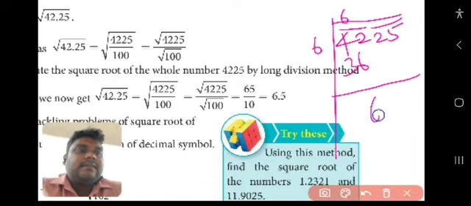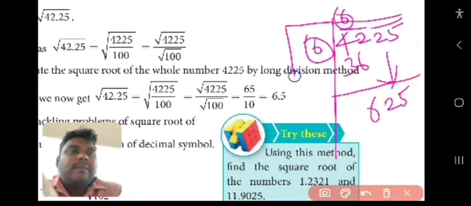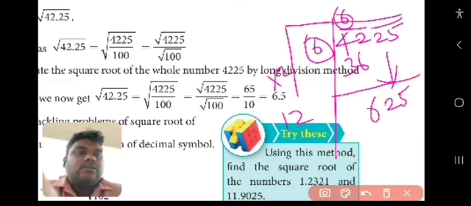Remaining 6. We get 25 down here, then 625. We multiply 6 by 2: 6 2s are 12. So 12 here, and 5 is the one-digit number, so the square root digit is also 5.